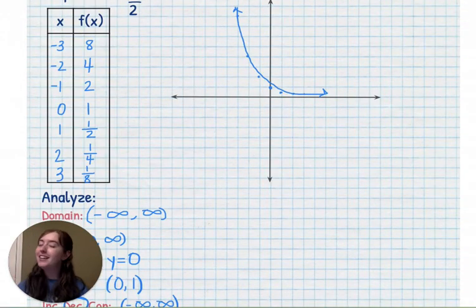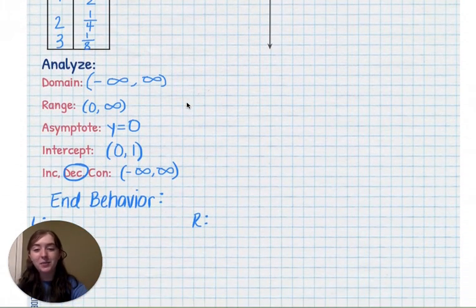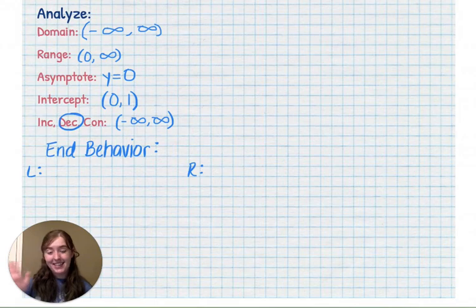Hey, I'm back because we forgot to talk about end behavior. So looking at this graph right here, we're going to look at the left-hand and right-hand end behavior. On the left side, that's where x is going to negative infinity.